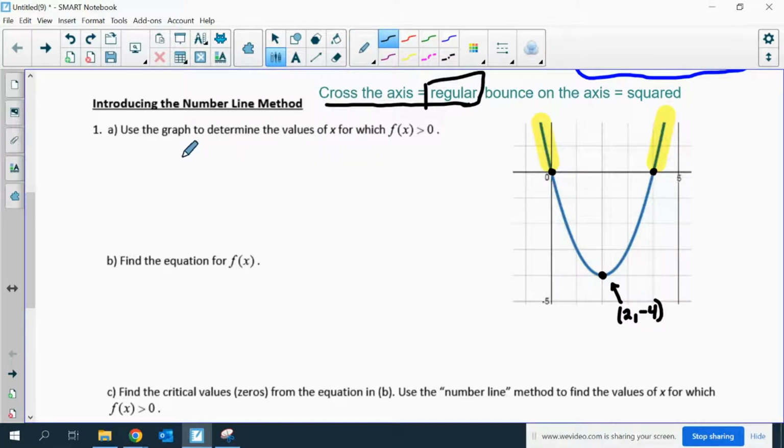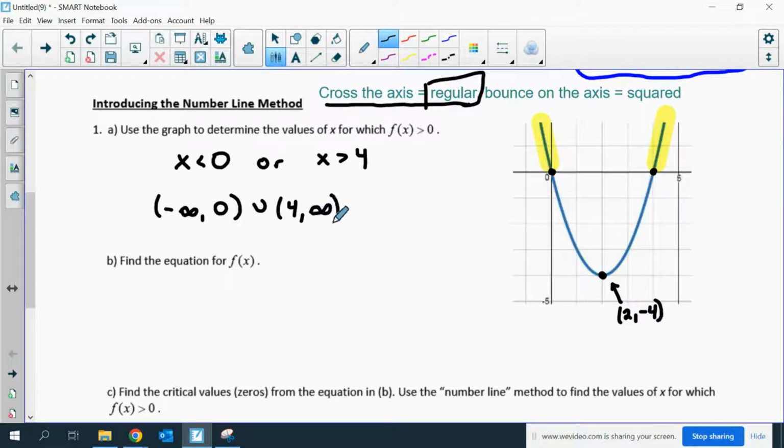So this will be where x is less than 0 or where x is greater than 4, which we typically are going to write in interval notation, -∞ to 0, union 4 to infinity.